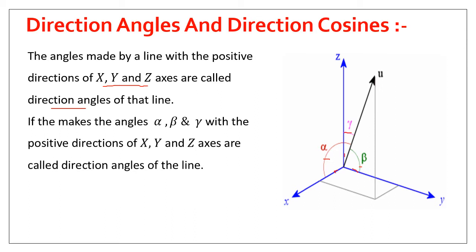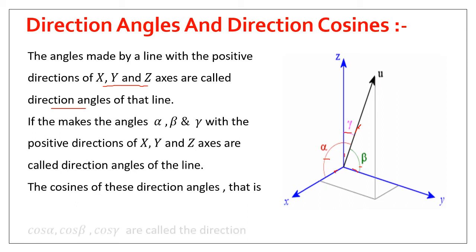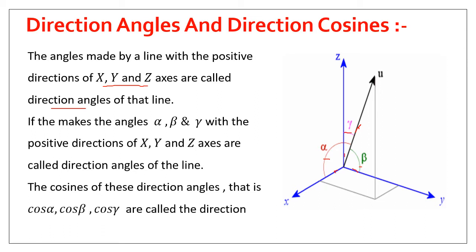And the cosines of these angles, that is cos alpha, cos beta and cos gamma, are called the direction cosines of the line, that is DCs. Let us see this video carefully student, in which we will see the direction angles, direction cosines, direction ratios and also the relation between them in detail.